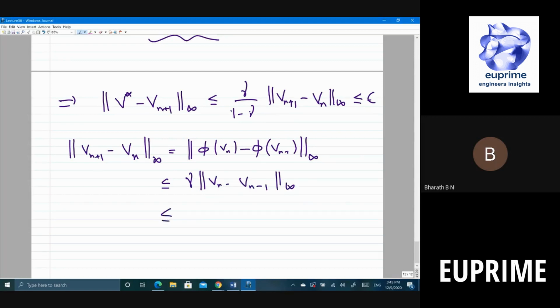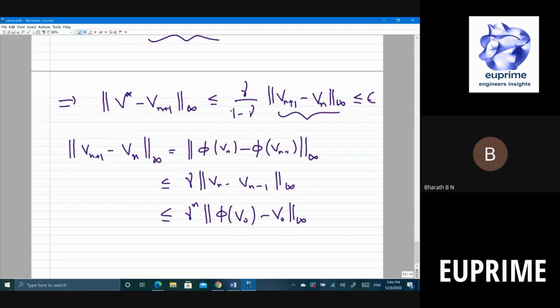If you keep on doing that, you'll get nu to the power n times the infinity norm of phi of v_0 minus v_0. So the infinity norm of v_{n+1} minus v_n is further bounded by nu^n times this difference.